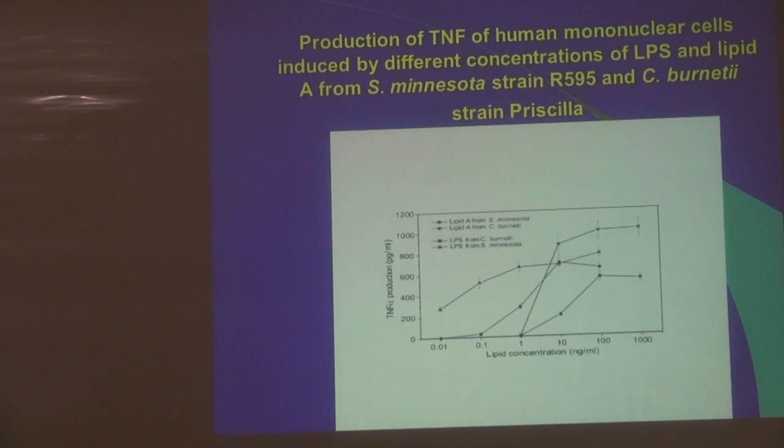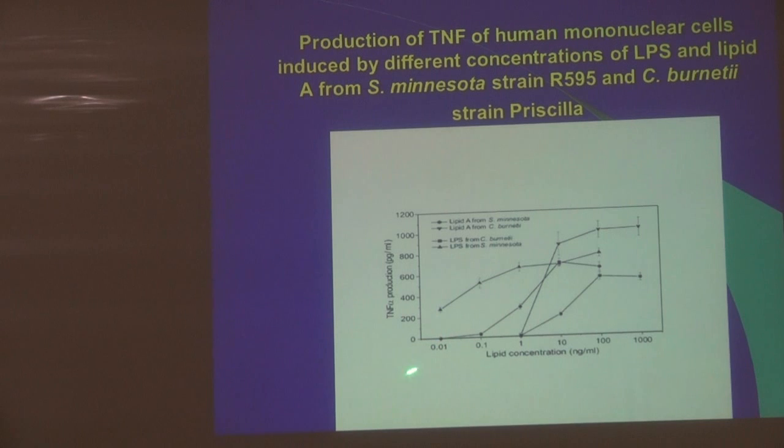Actually, a lot of work has been done here by Jean William and Eric Gigo, and they were able to show that the endotoxic activity of Coxiella burnetii lipid A is much lower. I'm only showing here one result: production of TNF on human mononuclear cells.